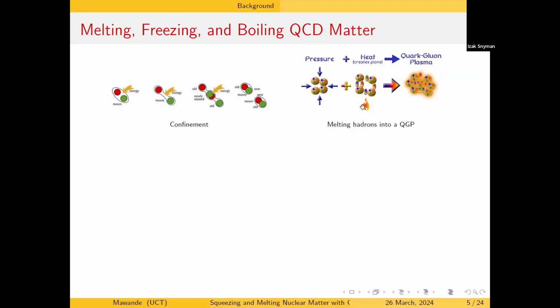The closer you get to them, the more they behave like free particles. So if you heat them up enough and squeeze them enough, you produce a medium that's made up of freely moving quarks and gluons, the so-called quark-gluon plasma.